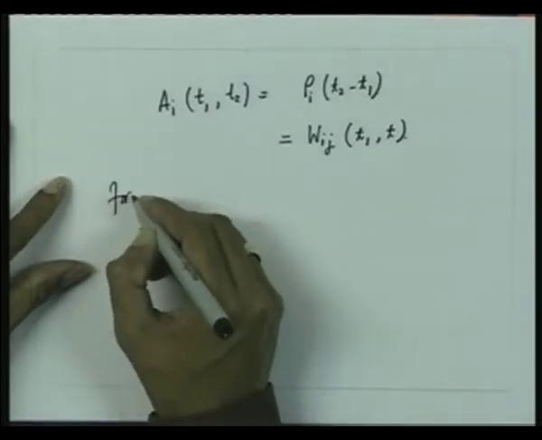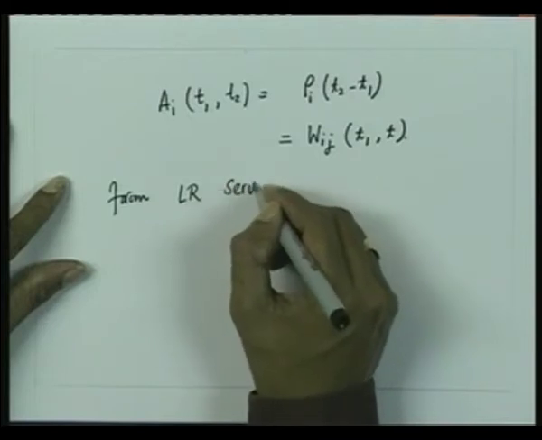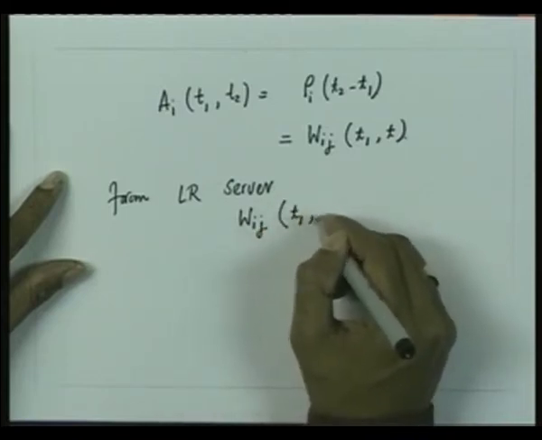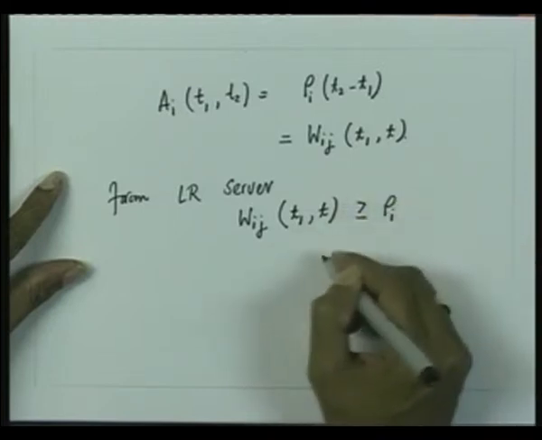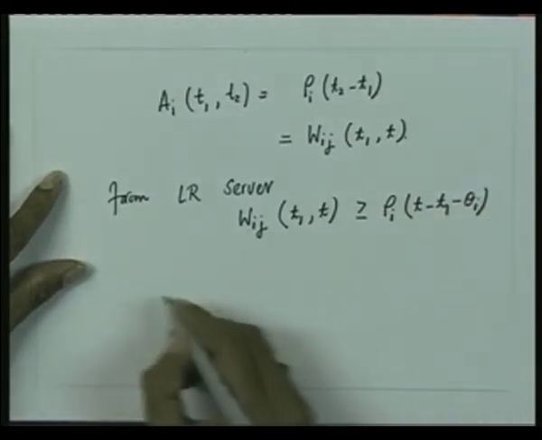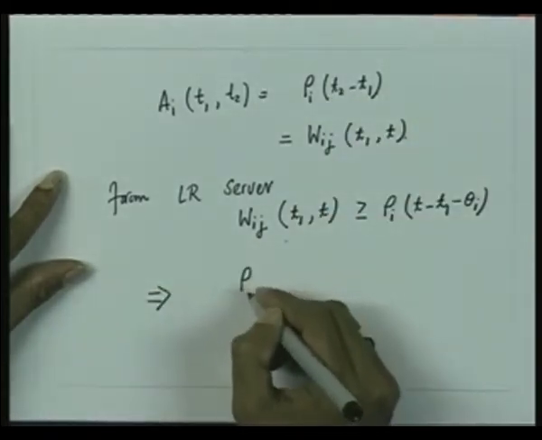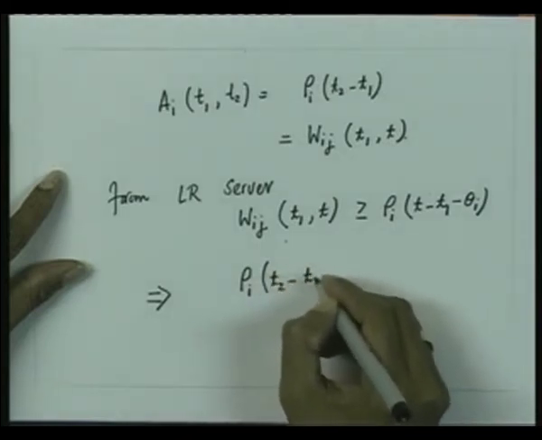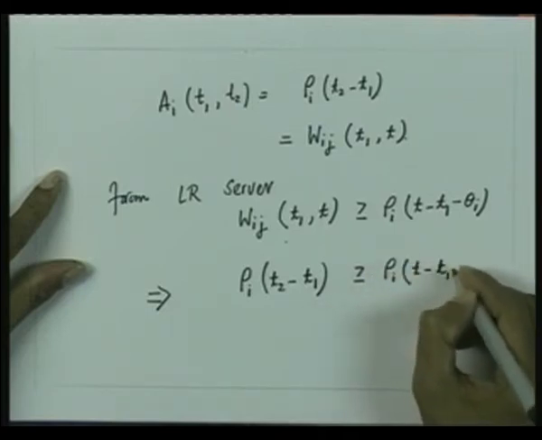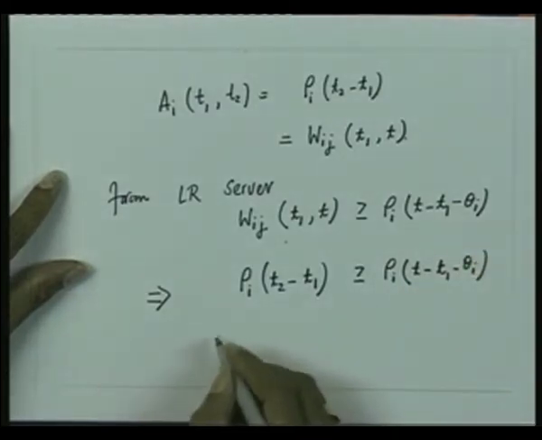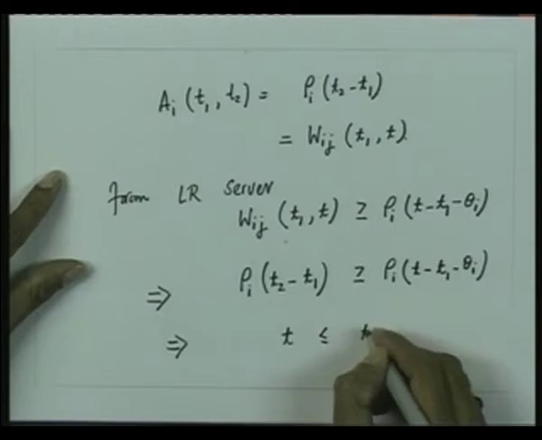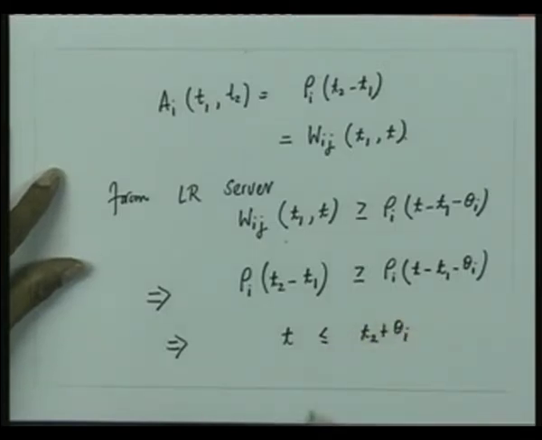But from the definition of the latency rate server, Wij T1 to T is greater than or equal to rho I into T minus T1 minus theta I. This is by the definition, which if you substitute here, then which also means that rho I into T2 minus T1 is greater than or equal to rho I into T minus T1 minus theta I, which also implies that T is less than or equal to T2 plus theta I. What is T?